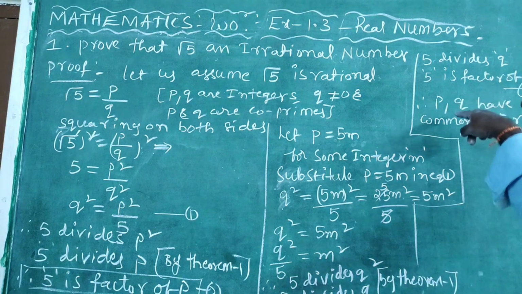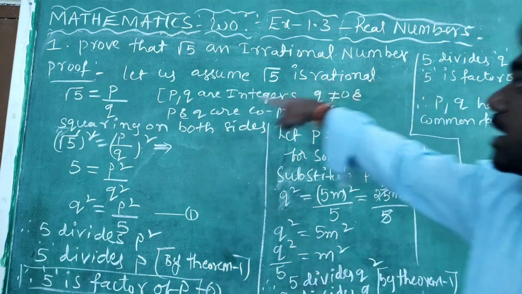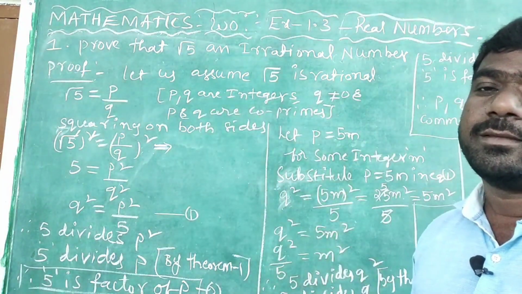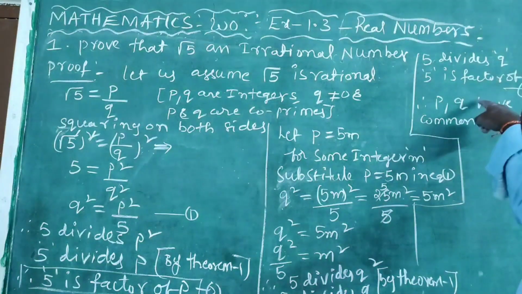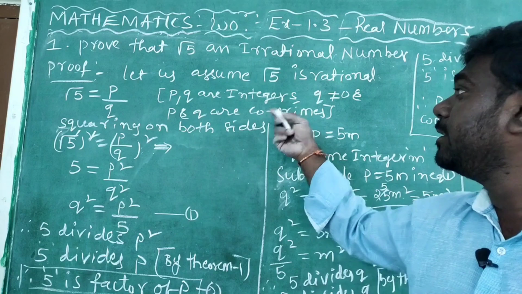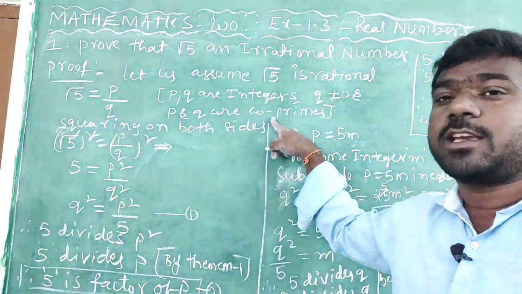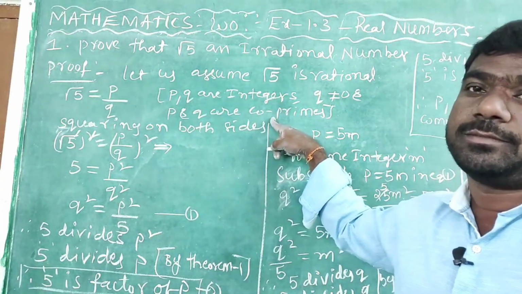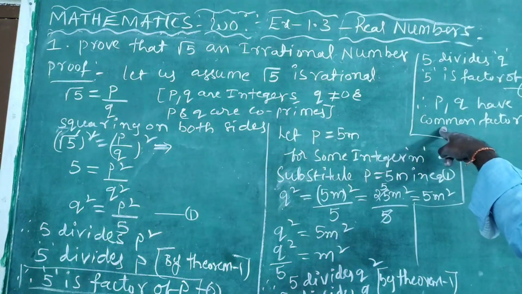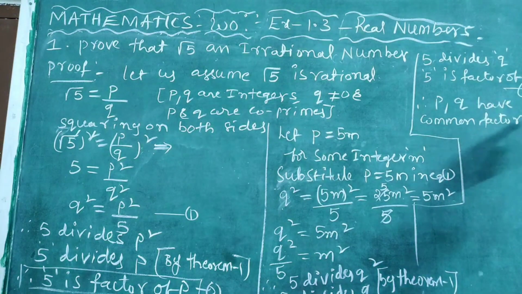So this contradicts the fact that P and Q are co-prime numbers. For a rational number, P and Q should have only 1 as a common factor, with no other factors. But here we got that P and Q have the common factor 5.